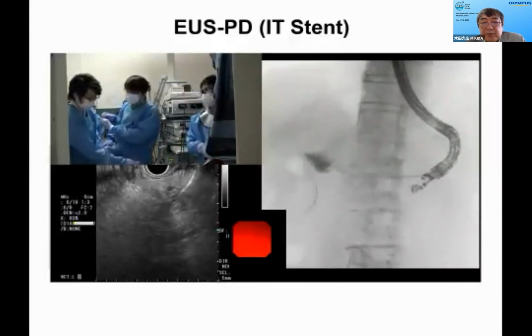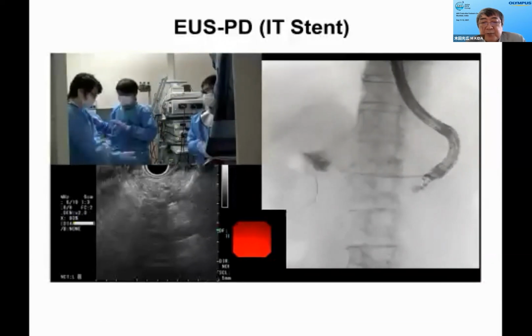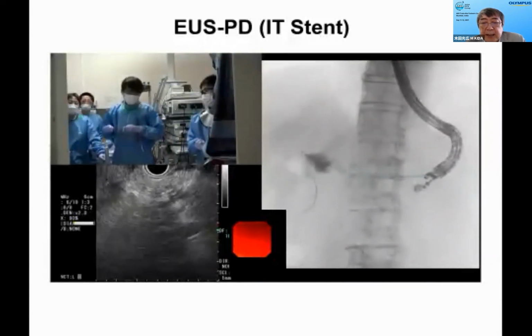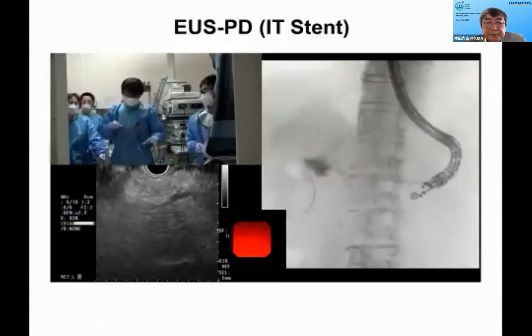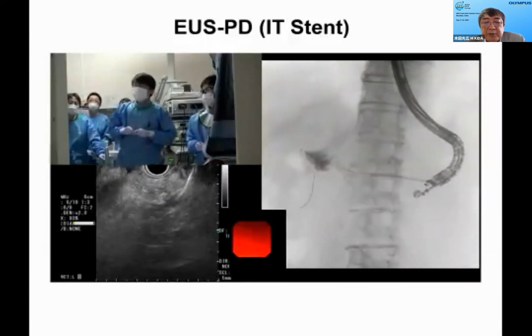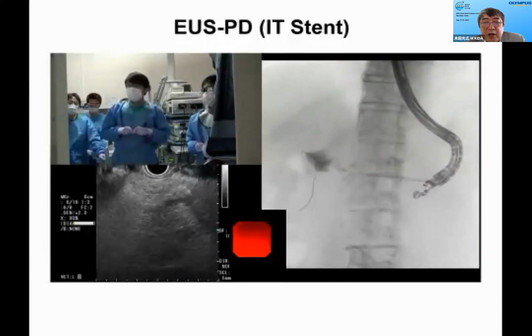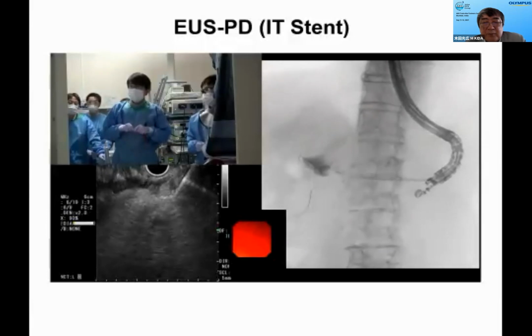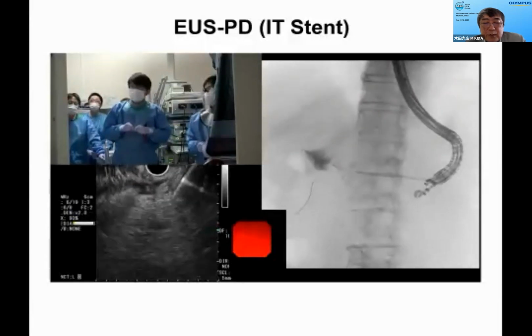The proximal side of the IT stent is a pigtail. That is preventing perforation of the gastric wall. In the former age, we had one case of perforation, where the MPD stent passed through the gastric wall.